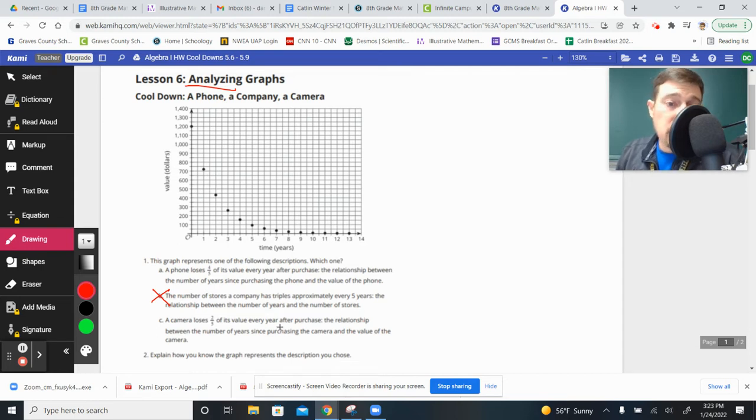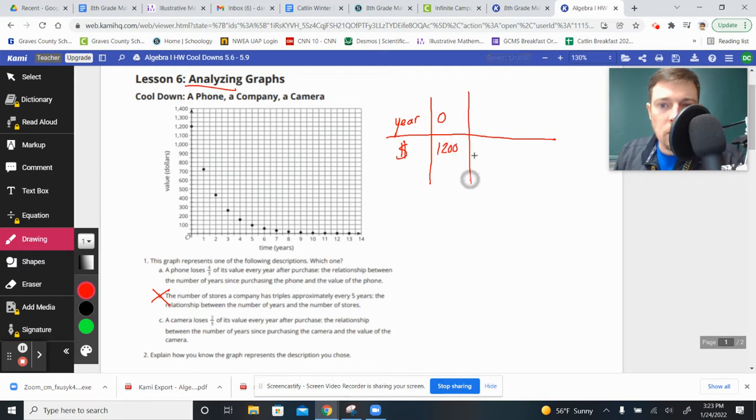And for me to pick out which one it is, I look at the first 2 numbers between year 0 and year 1. I'm going to make a little table for this, a year versus value table. In year 0, the phone camera or whatever is happening here is worth $1,200.